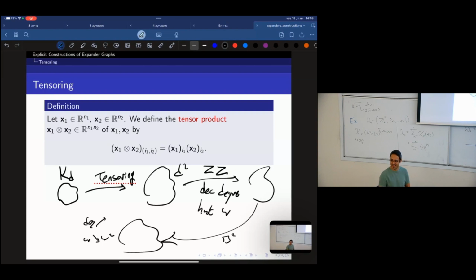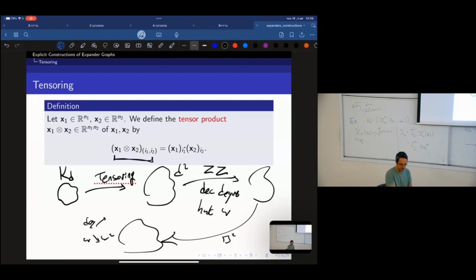Wait, isn't the differential just like x1 transpose times x2? No, it's the tensor thingy. Yeah, no, it's a linear product. So this is a bigger vector. It's a matrix. No, it's a vector. So we'll talk about it next time.